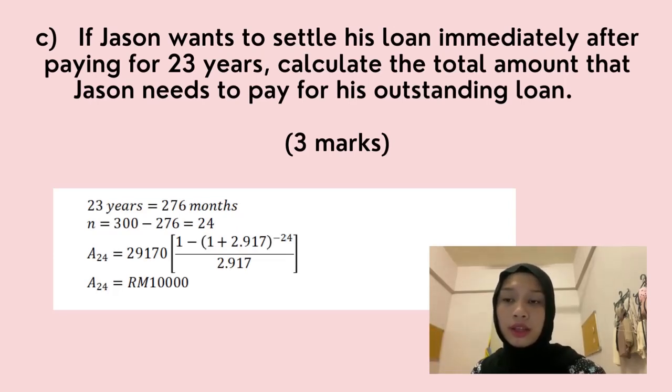So all that must be divided by 2.917. So we must calculate the inner brackets, then we multiply it with 29,170. So A24 equals.